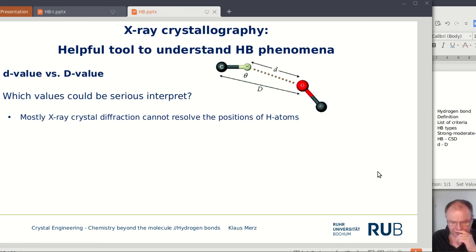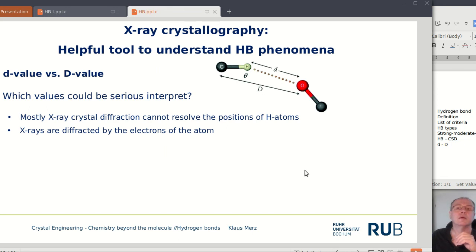Well, to answer this question, we must look at X-ray crystal diffraction. The problem is that mostly it is not possible to localize the hydrogen atom in crystal structure determination. Why? The background is that X-ray crystal structure diffraction is based on the interaction of a wave, the X-ray, with the electrons.